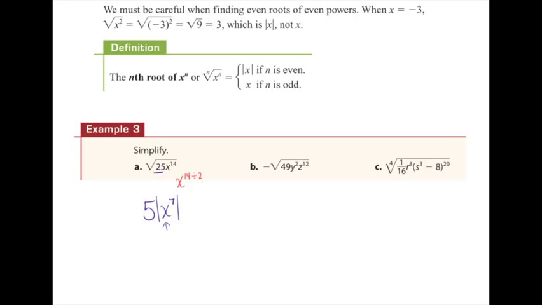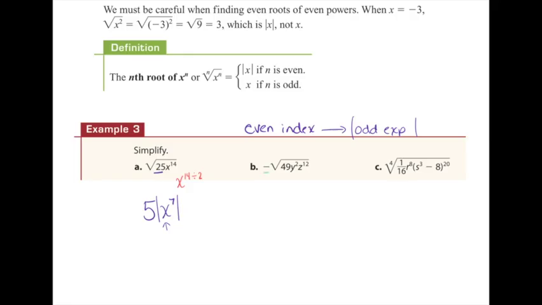But it matters because it was an even root. So if you have an even root, so an even index, and when you take out, you have an odd exponent, then you need the absolute values, okay? That's how this is going to work. Even index, and you take a variable out with an odd exponent, you're going to need to put absolute values, all right? Let's look at the next one.